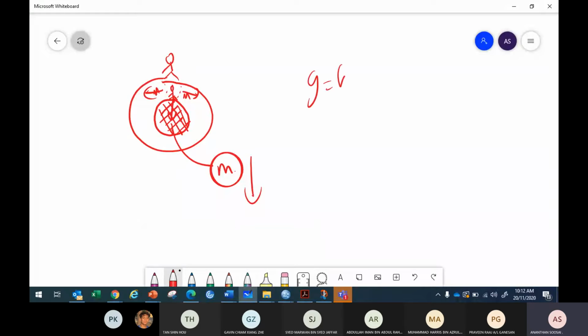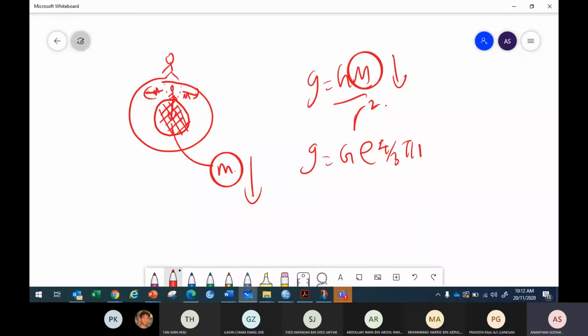So gravity is GM over R squared. When you go into the Earth, the mass is getting smaller. So mass is replaced by density times the volume. The volume of the sphere beneath is 4 over 3 pi R cubed, over R squared.